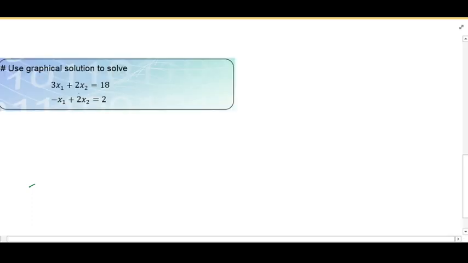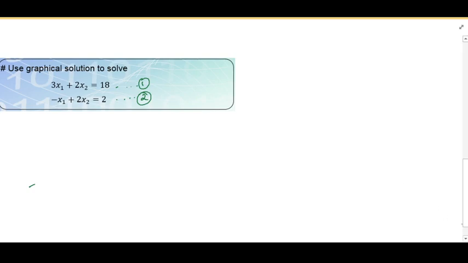We'll be using a graphical solution to solve these two equations. As you can see, hopefully you can see, the question says to use a graphical solution to solve these two.